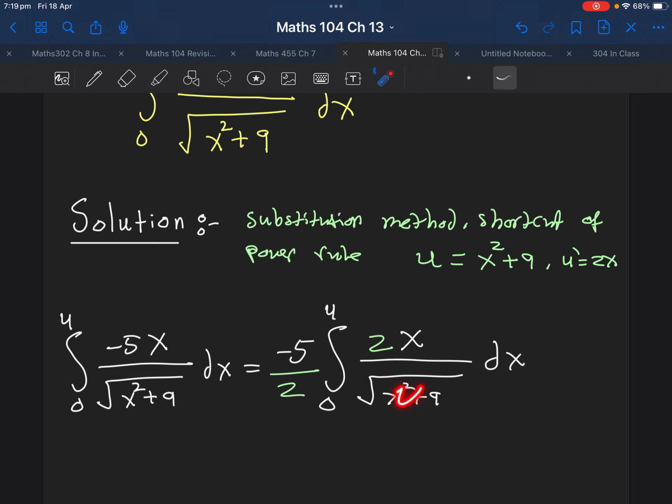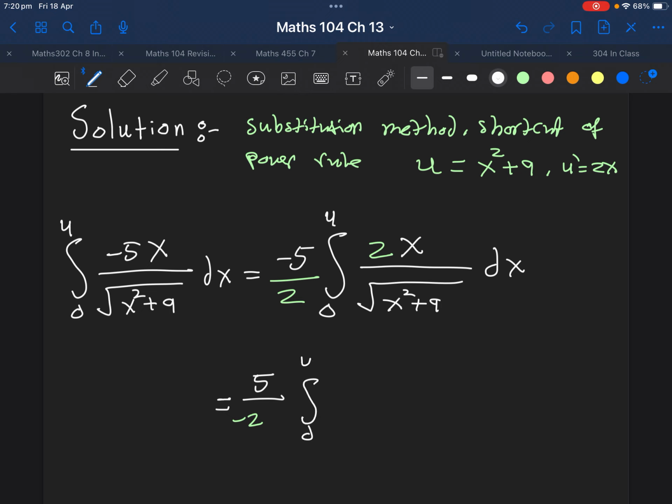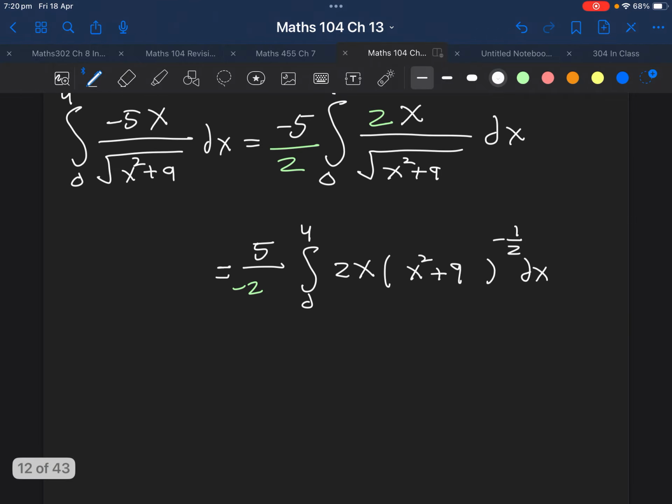Now, what you have is u and u prime, but not quite sure what it should be. So we will just need to raise it up a little bit. So it will be 5 divided by -2, integral from 0 to 4, x squared plus 9 to the power of negative 1/2, 2x dx, which is this one.